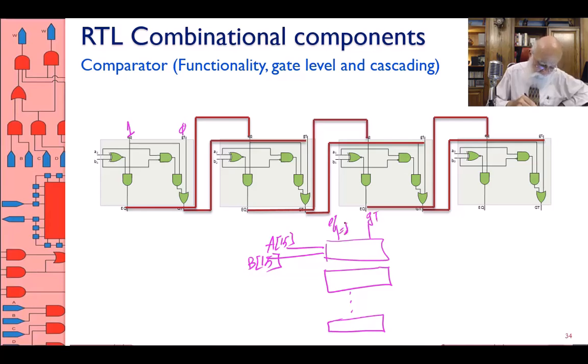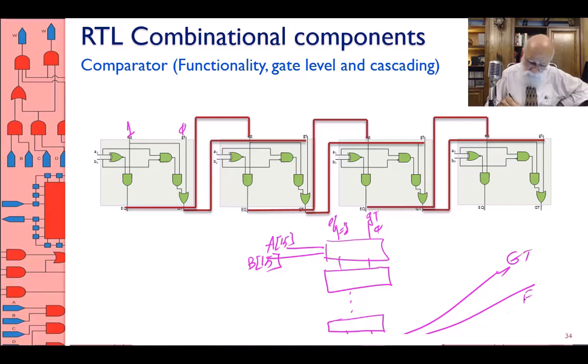This is 1, this is 0, and then finally this is GT, this is EQ. And then this is A0, B0. That's an iterative comparator.